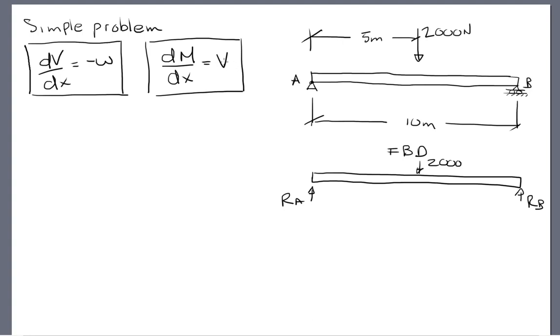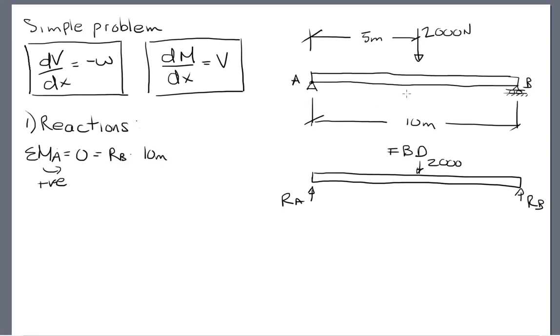So what do we do first when we solve this? First we solve for reactions, right? So, reactions. If we take the sum of moments about A equals 0, remember this is positive, then we're going to get RB times 10 meters, which is positive.